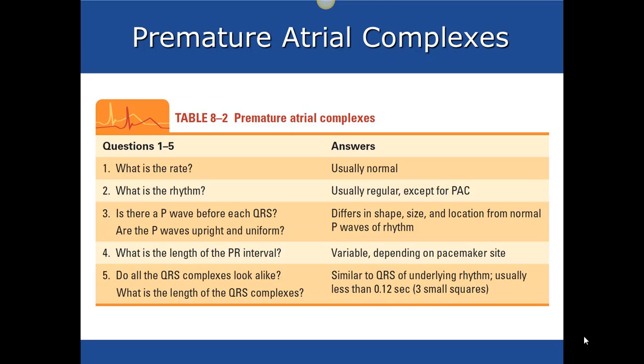This is only for the PAC. The underlying rhythm P waves remain the same. The PR interval could be variable depending upon the pacemaker site. And all the QRSs look alike. They are generally small or narrow, less than 0.12 seconds, or 3 small squares.